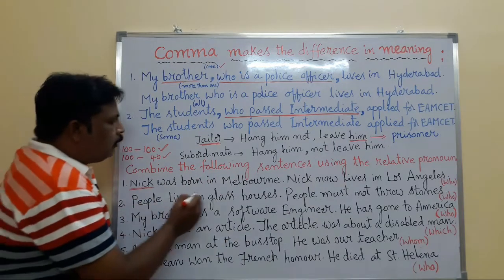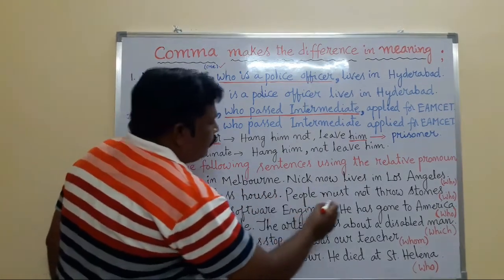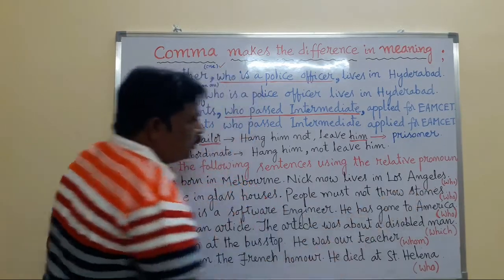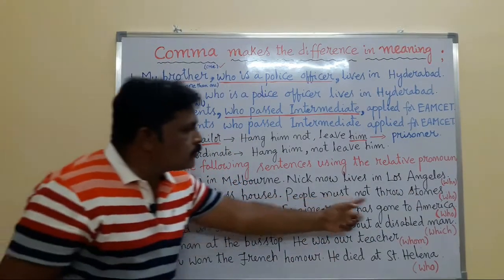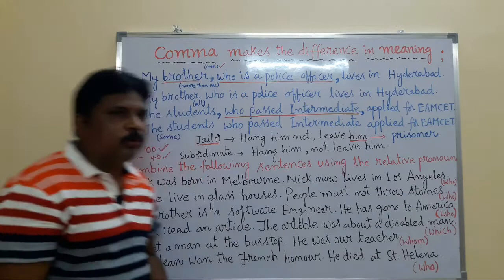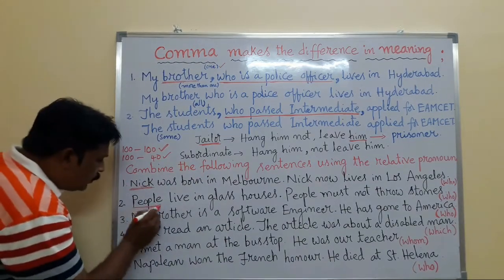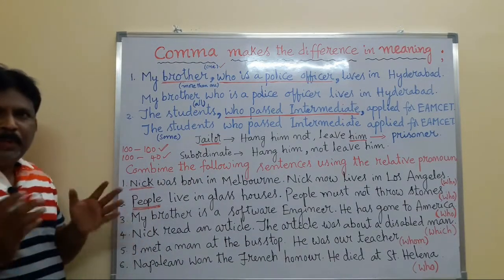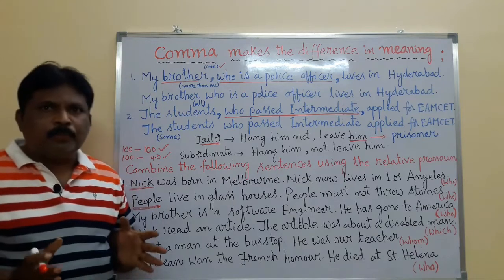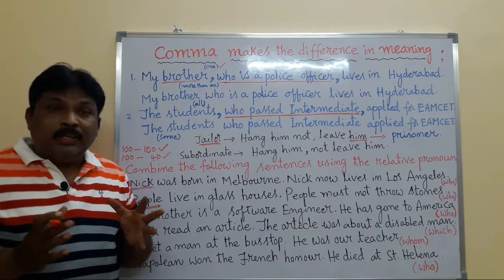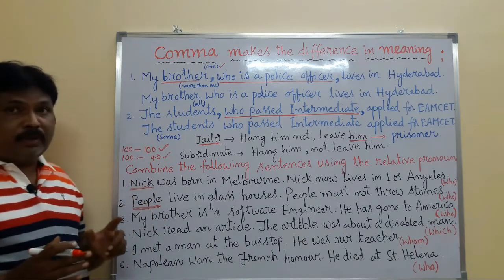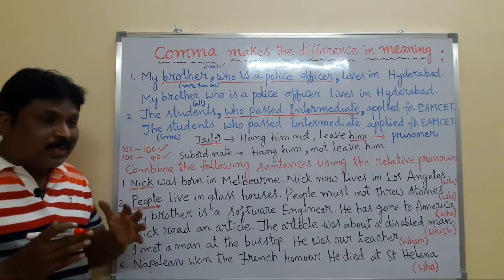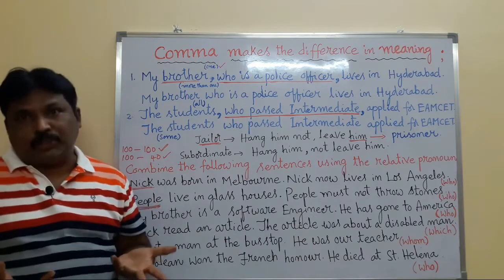Second one, people live in glass houses, full stop. People must not throw stones. Combine the two sentences using the relative pronoun who. Here the subject is people. People is also a noun, but it is not a self-identified one. This noun doesn't give self-explanation.